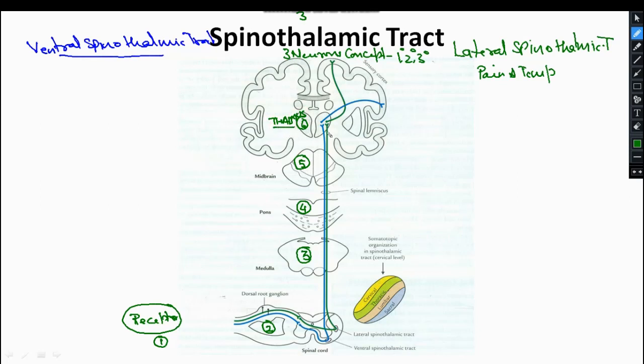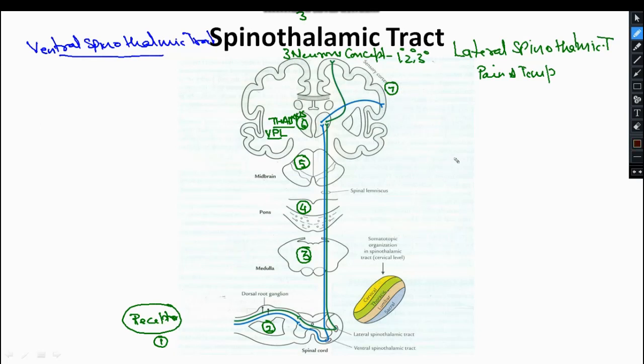In the thalamus, the nucleus through which this tract passes is the ventroposterolateral nucleus. In short, I am writing VPL. Seventh and the last station is the sensory cortex in the cerebral hemisphere.